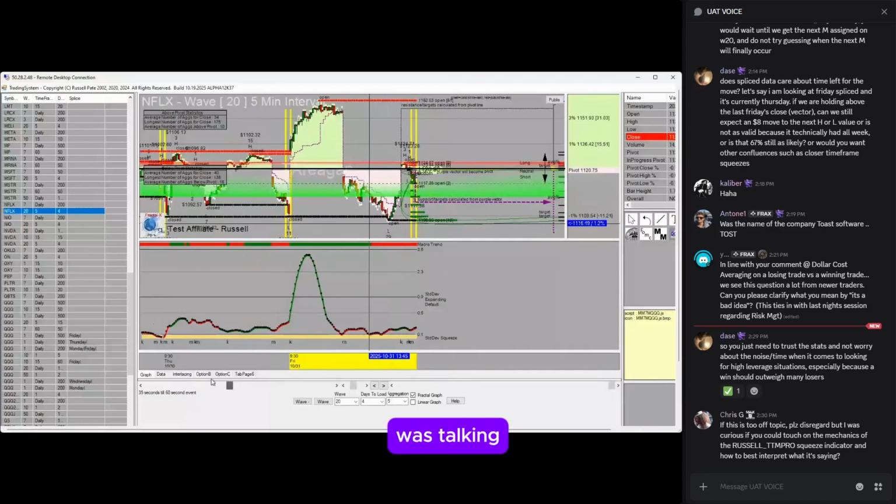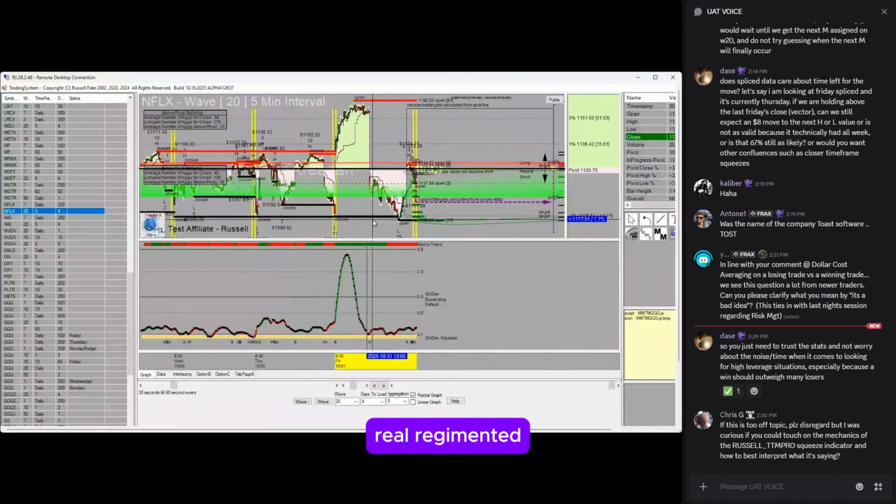A person yesterday was talking about how I had to get real regimented, and look for certain things. And here we can see factually on the left that our best reversion, our best counter trends, come in when we're typically closing lines. Because again, the bears are trying to go down to those lines, the bulls are trying to go up to those lines.